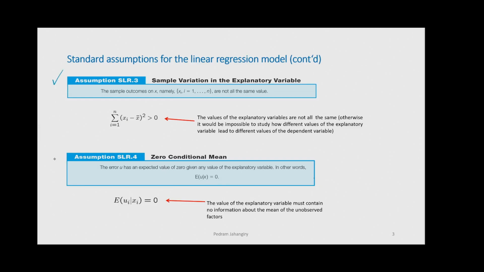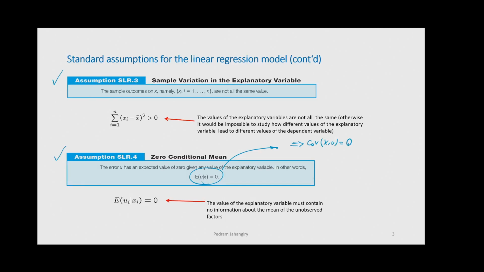And then we talked about the zero conditional mean assumption. On average, the expected value of the unobserved factor should be mean independent of the explanatory variables. I just want to emphasize one more thing here. If I have this, I can conclude that the covariance between x and u, or correlation, doesn't matter, is equal to 0.